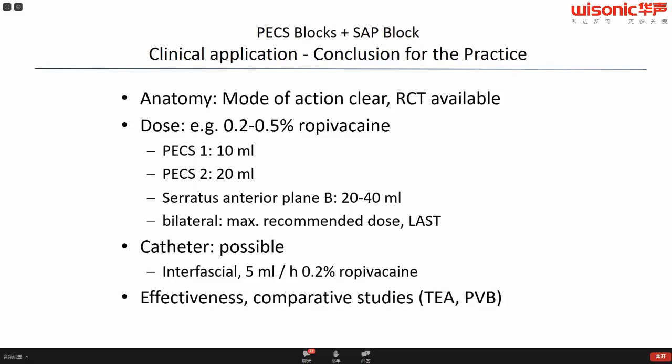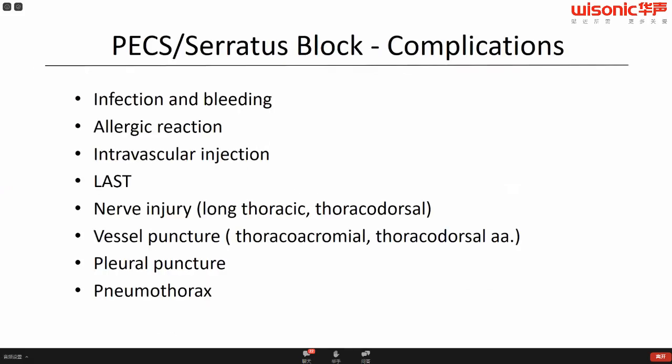The block is very effective. We have comparative studies with thoracic epidurals and paravertebral blocks, and the complication rate is rather low. Complications are allergic reactions, intravascular injections, LAST if you do a bilateral block.